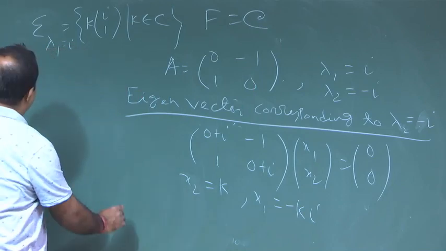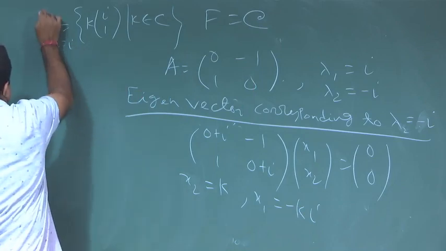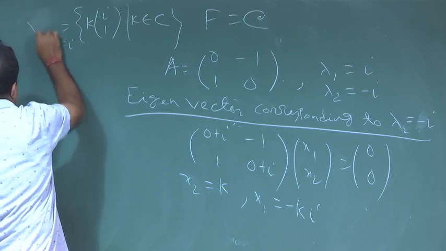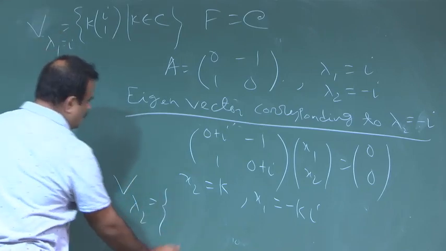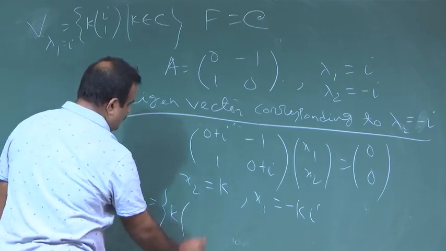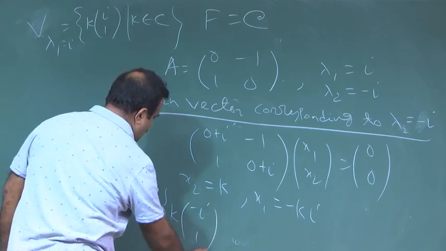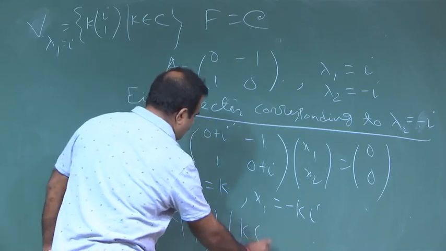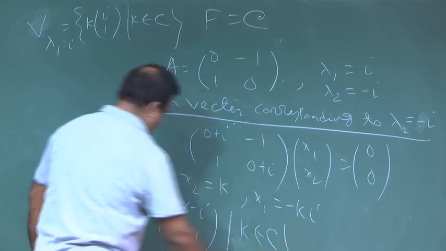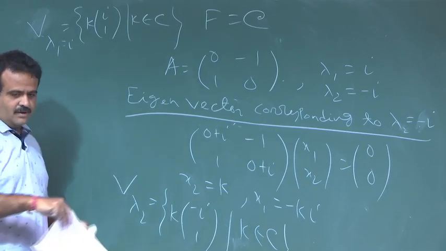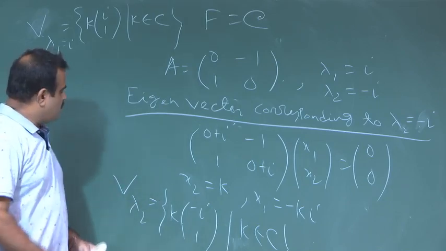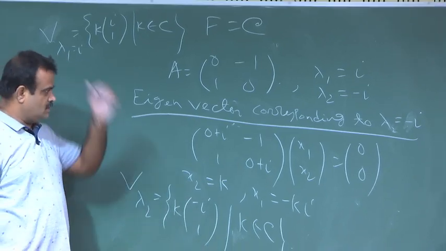So this is basically the set of k times (minus i, 1), where k comes from the complex field. These are the eigenvectors corresponding to this eigenvalue.